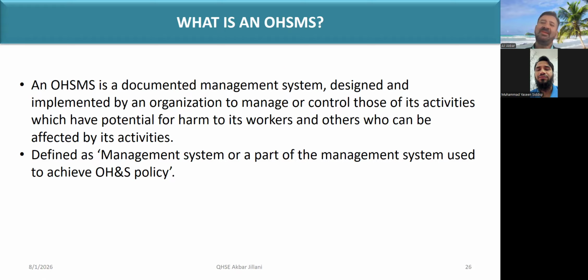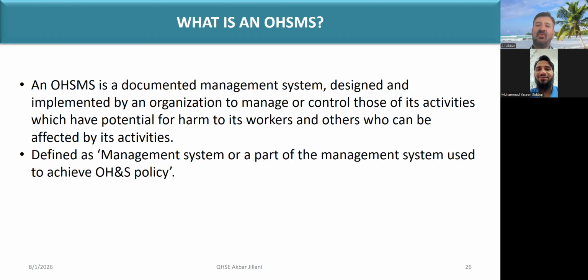By the way, some people don't have the idea of the organization and they consider themselves HSE engineers, and they don't even know about the documentation. Agree? Yes, sir. This is the main thing.